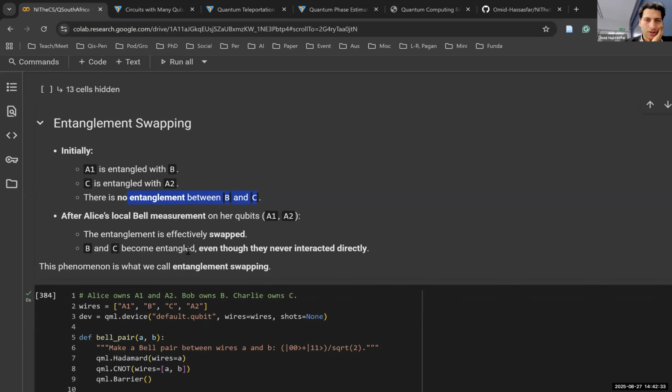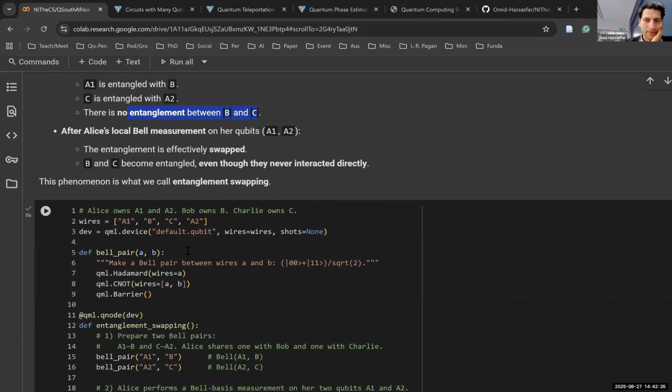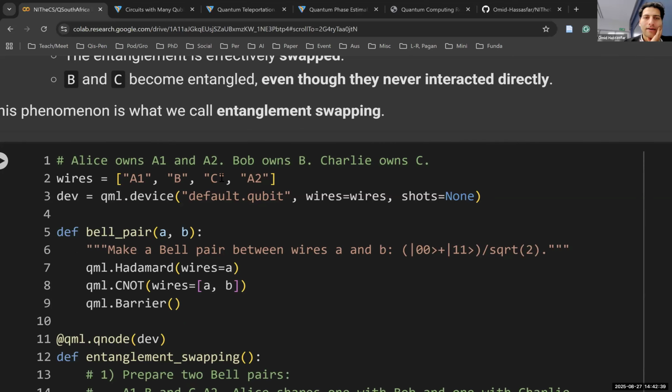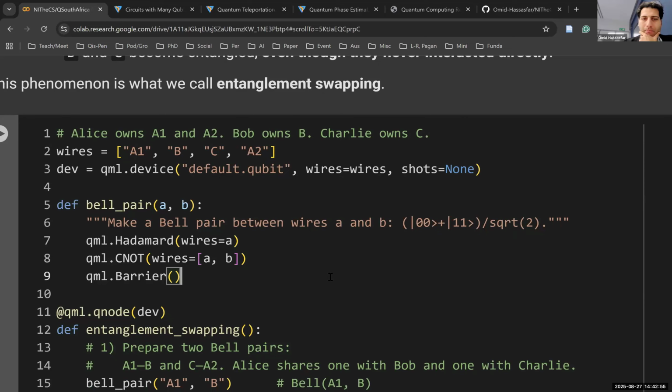Let me go step by step through what we did here. First of all, we have 4 qubits: Alice number 1, Alice number 2, Bob, and Charlie. Here we define our standard device, and this is a simple function to define a Bell pair.